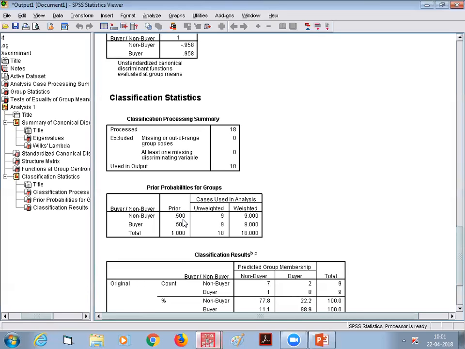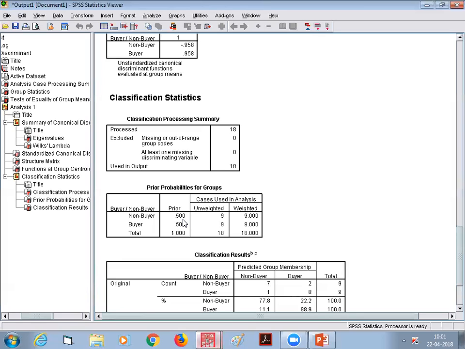If we take the cutoff score value, the mean cutoff score is 0, because buyer and non-buyer are minus 9.58 and plus 9.58, and 0 divided by 2 is 0. So 0 is the cutoff score. Two ways you can classify the person into buyer or non-buyer, and that is what SPSS will tell.